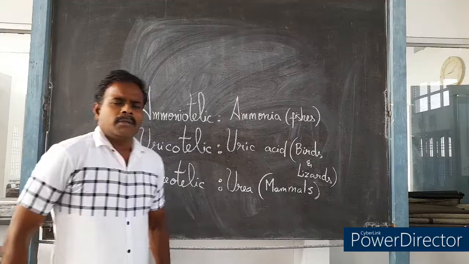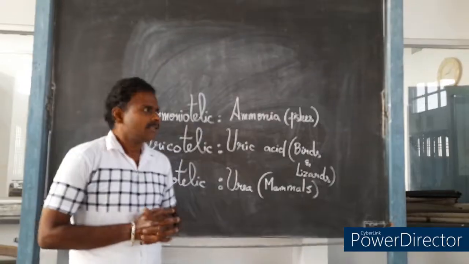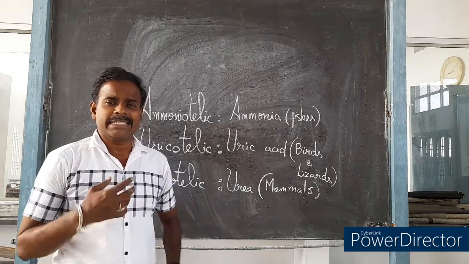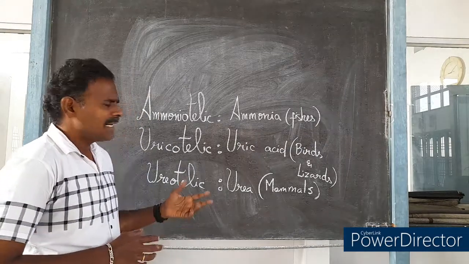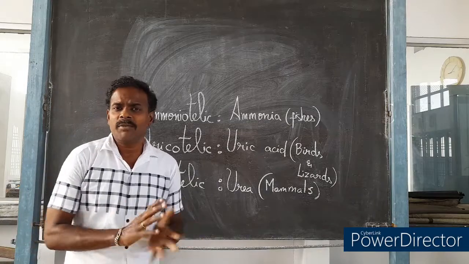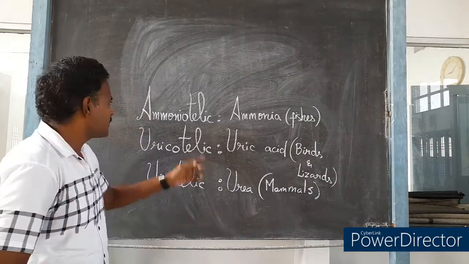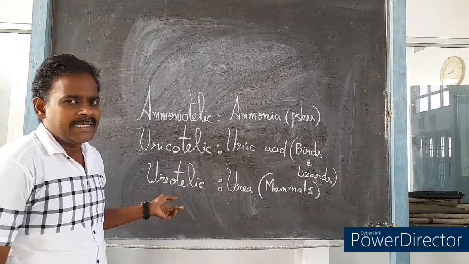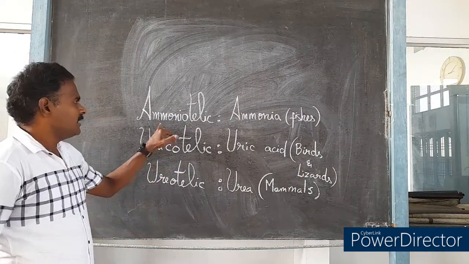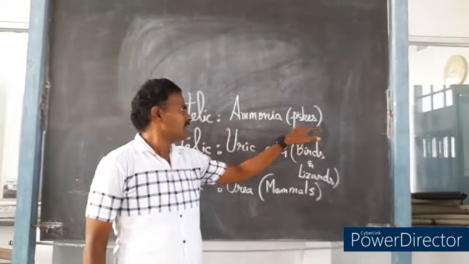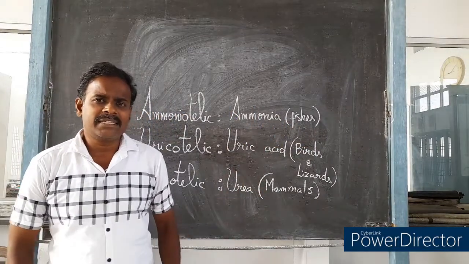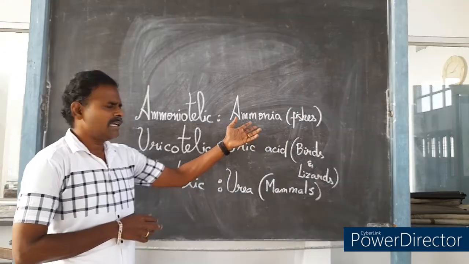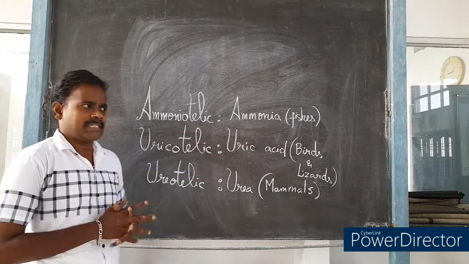My dear guys, based on the nitrogenous waste excreted, animals are classified into three types: ammonotelic animals, uricotelic animals and ureotelic animals. In case of fishes, the nitrogenous waste is excreted in the form of ammonia, so they are known as ammonotelic animals.